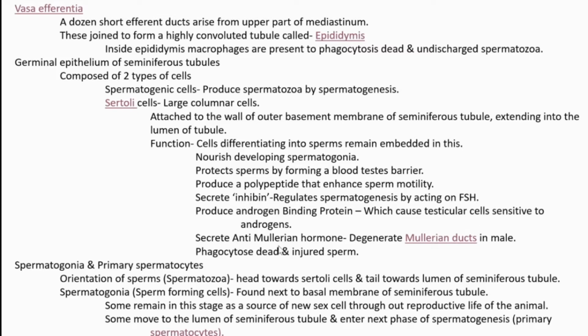And it also secretes anti-Mullerian hormone, a very important hormone. What is the role of this hormone? To degenerate the Mullerian ducts in the male. Mullerian ducts are present at the initial stage of development, whether the baby is male or female.